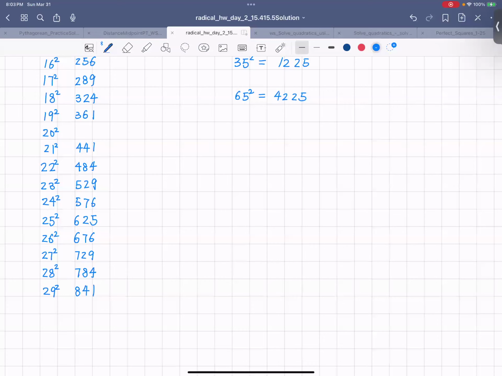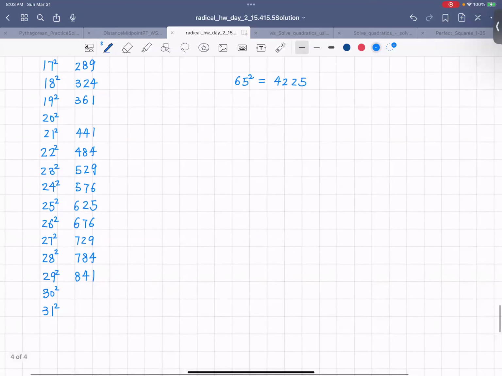This is outstanding. 30 squared, easy. Who knows 31 squared? See, (30 plus 1) squared equals 30 squared plus 2 times 30 times 1 plus 1 squared. So this is 961. Okay? I didn't force you to know this, but that's fine.